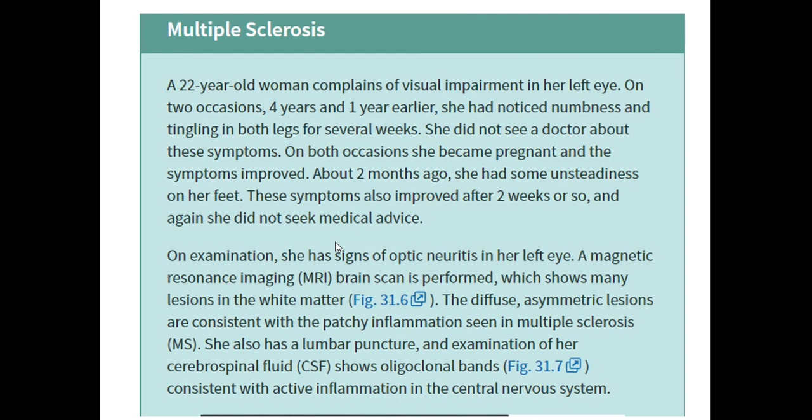So this is a case of multiple sclerosis of a 22 years old woman complaining of visual impairment in her left eye on 2 occasions, when she was 4 years and at 1 year earlier before that.